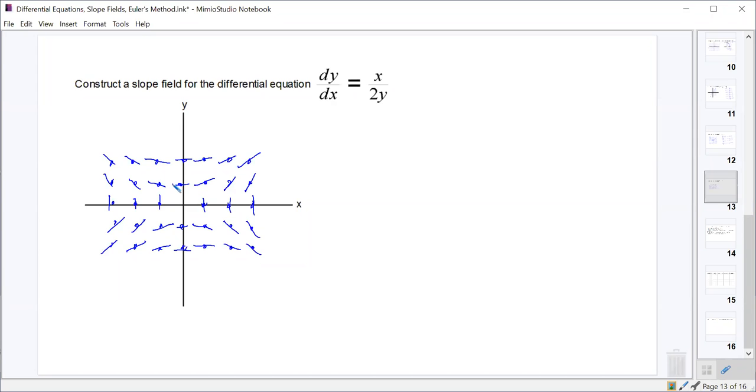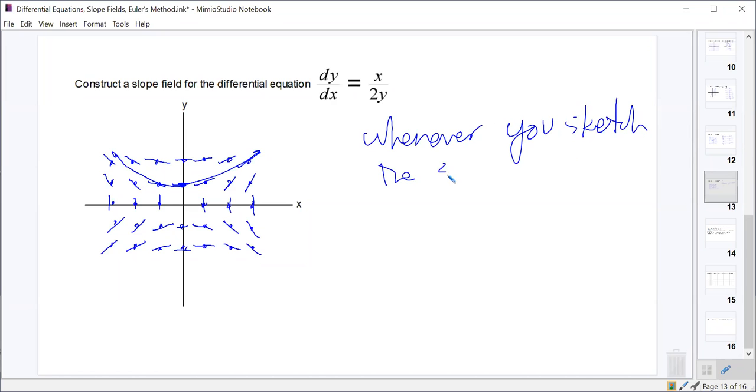Yes. All right. And if we sketch the solution, let's say through this point, it should just go up like that. That side didn't look very good, but basically like that. And we'll note that whenever you sketch the solution, always make sure it is a function.